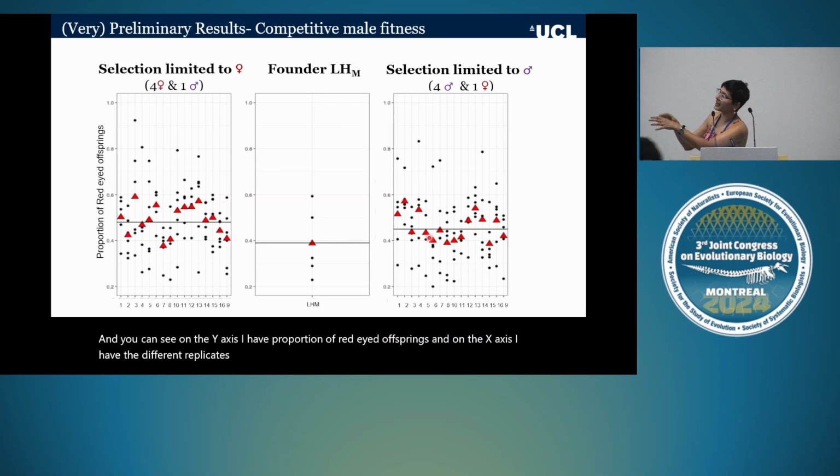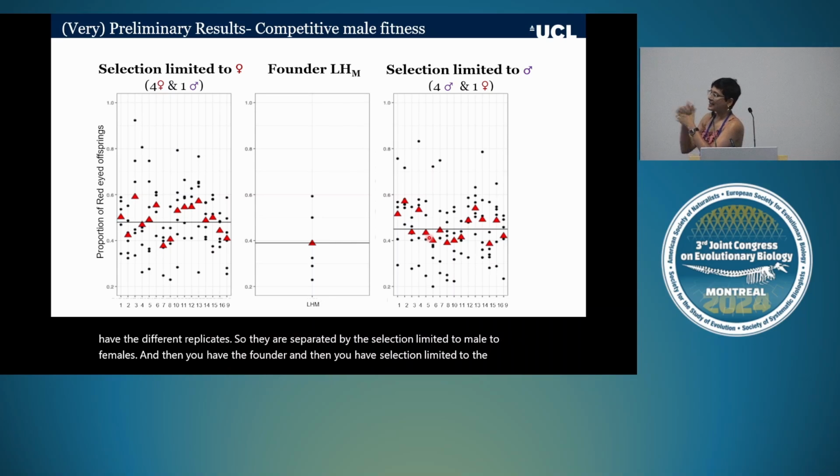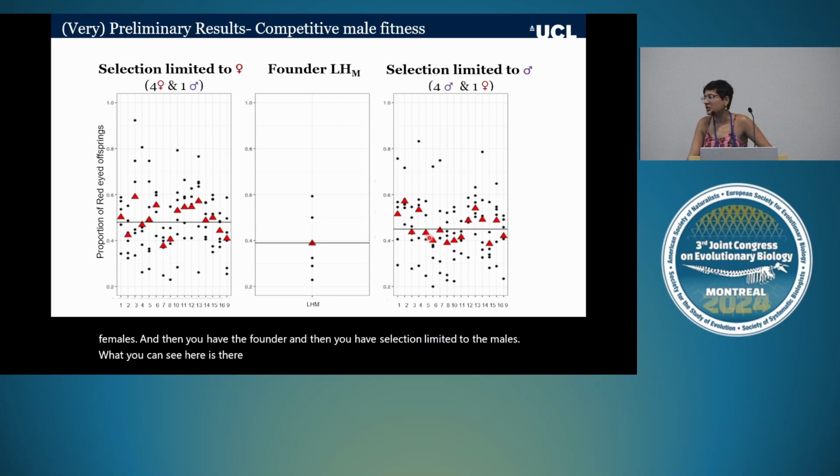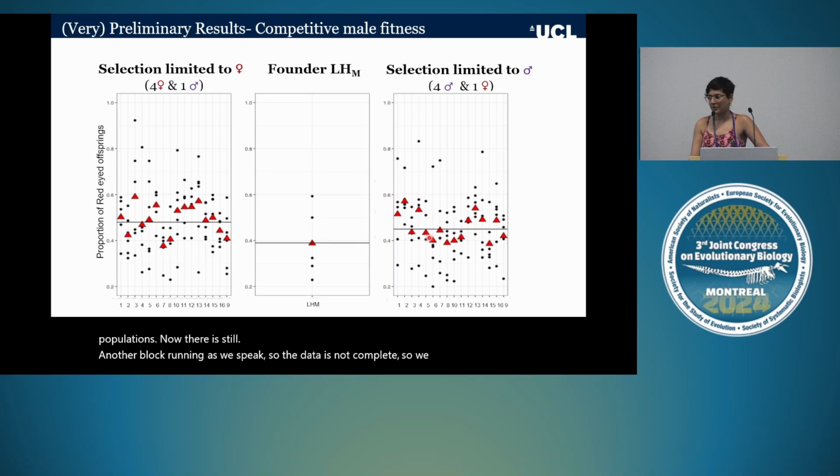They are separated by the selection limited to females, then you have the founder, and then you have selection limited to the males. What you can see here is there is a lot of variation, but also nothing is really happening. We don't really see any significant differences in competitive male fitness across all these populations. Now, there is still another block running as we speak, so the data is not complete. So we will see what happens as I get more data.